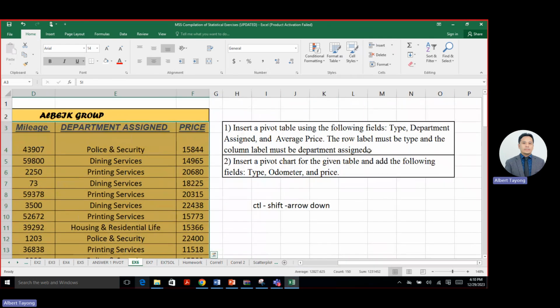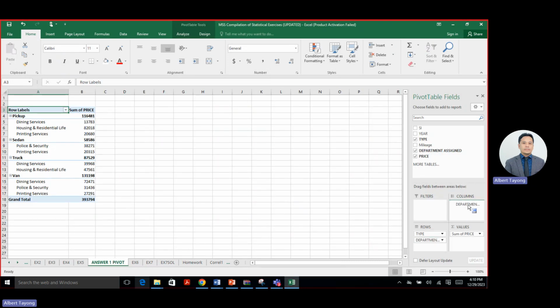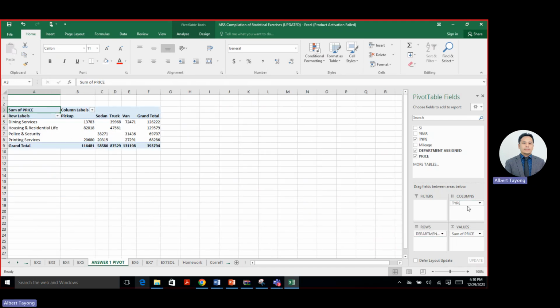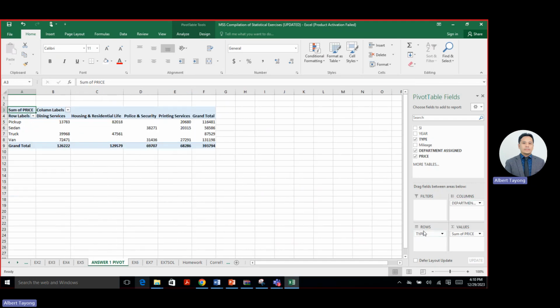Here it is mentioned that the row must be type and the column must be department assigned. So transfer the department assigned under columns. You can also interchange them in reality. You can put the type under columns and department under rows. In real life, it's up to you. But in this particular question, you have to put department under columns and type under rows.